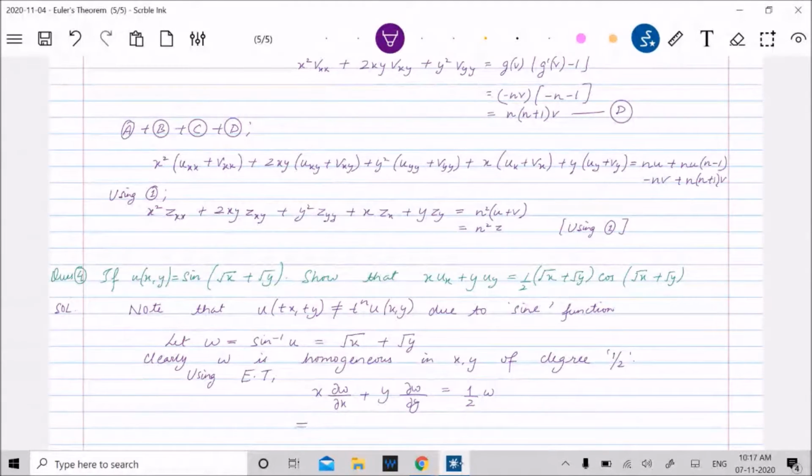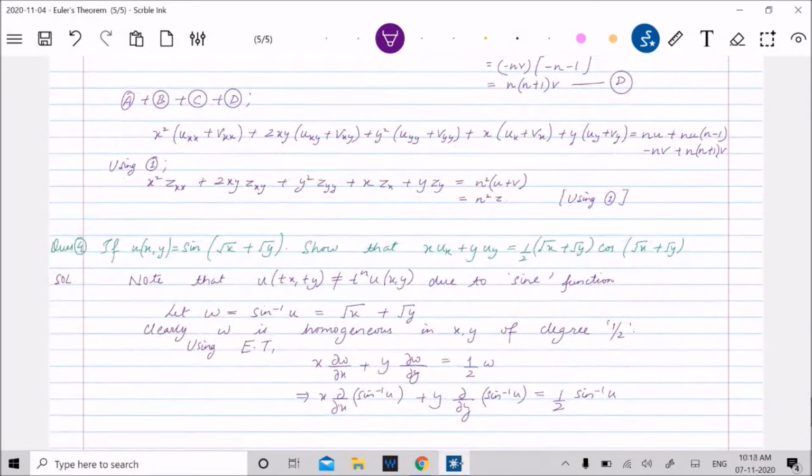And now just put the value of w. The value of w is actually sine inverse u. So x del by del x of sine inverse u plus y del by del y of sine inverse u equals half sine inverse u.